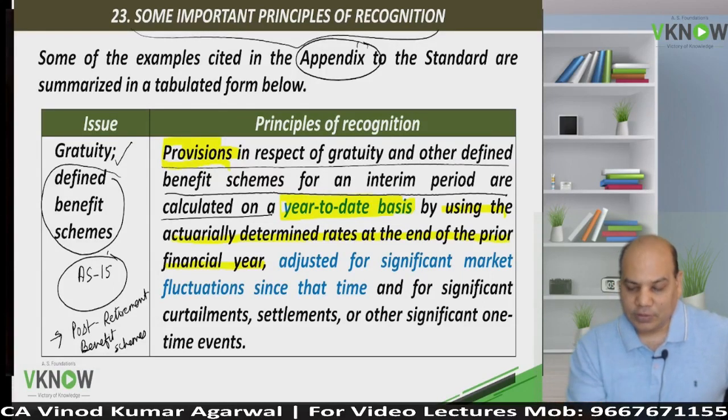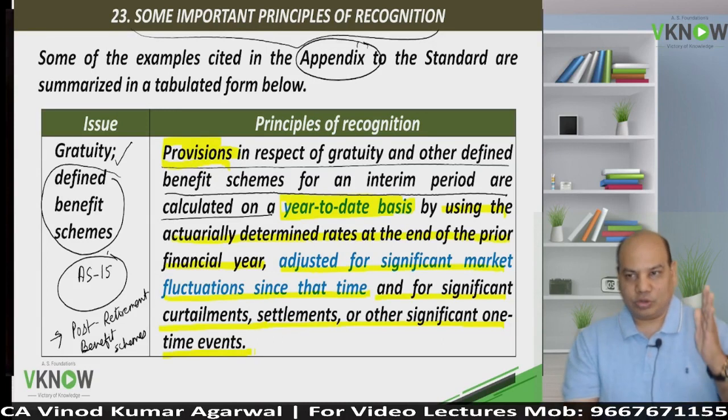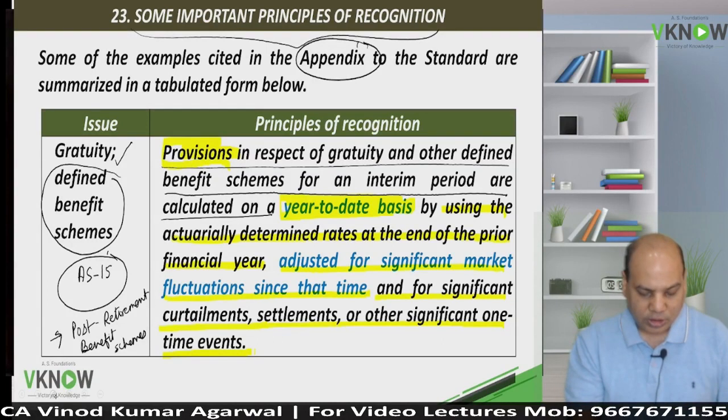So take that and make adjustments for significant market fluctuations since that time. Whatever important changes have taken place during that time, make adjustment for that, and for significant curtailment, settlement or other significant one-time events. So take the last year closing figure.